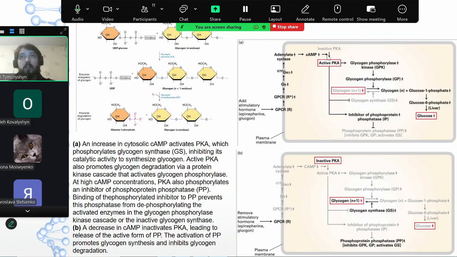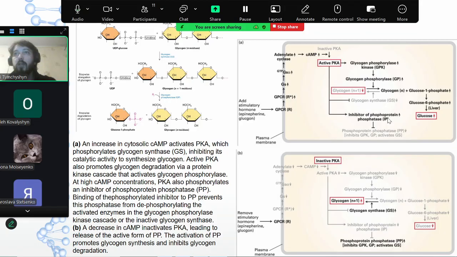It activates protein kinase A, PKA, and this protein kinase A activates different proteins. For example, glycogen phosphorylase kinase (GPK). And it inhibits glycogen synthase, and it activates the inhibitor of phosphoprotein phosphatase, IP.